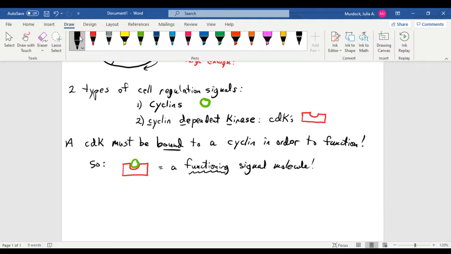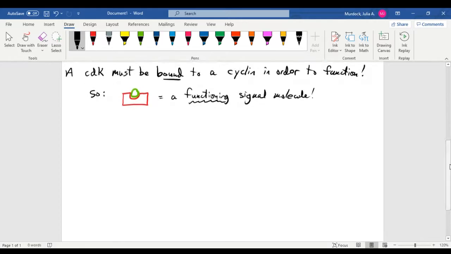All right, so how do they work? Let me just draw a picture of a cell.